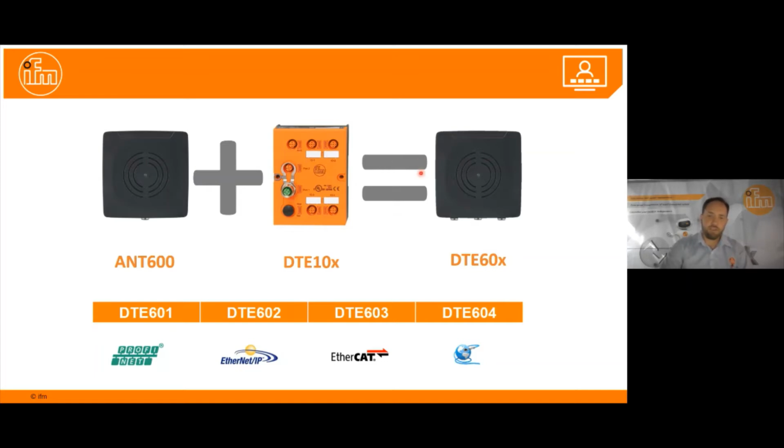Whereas this unit here is one read-write head and controller all integrated into one unit. So you need to accept that there's an economy when using this set or the set like this. You would use this where you've got 2 or more antennas in a very condensed area.